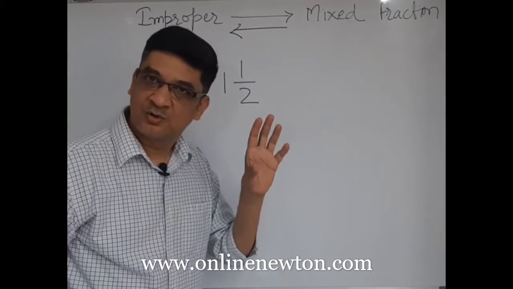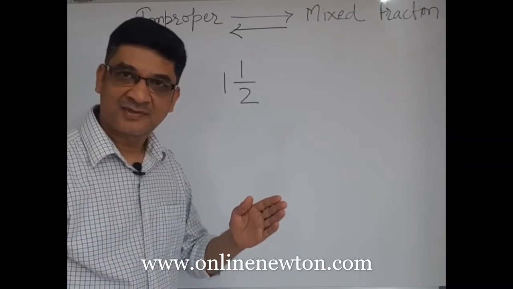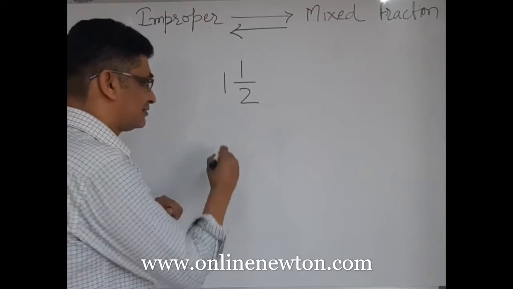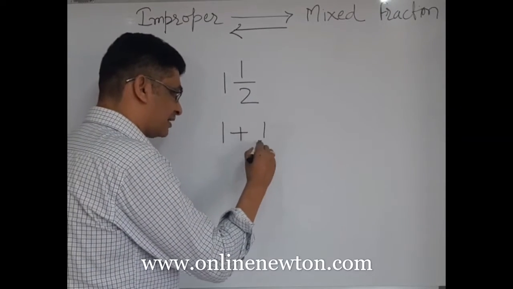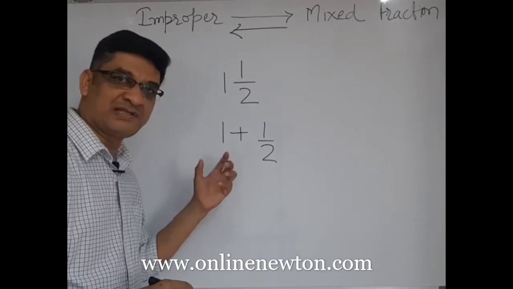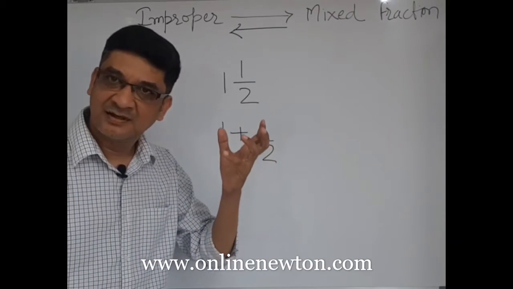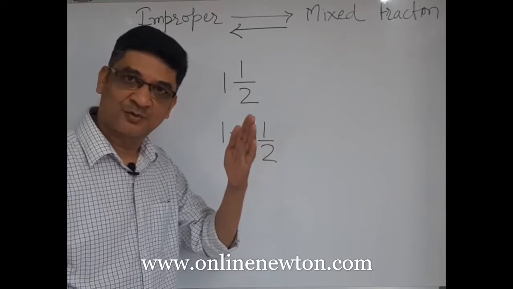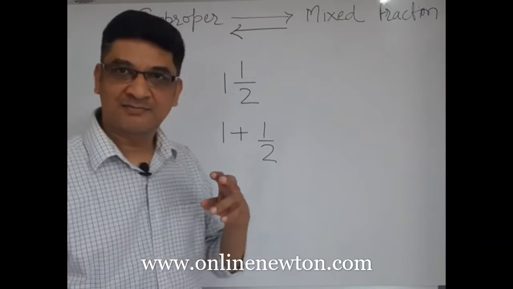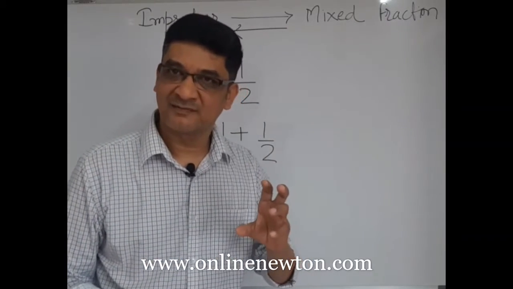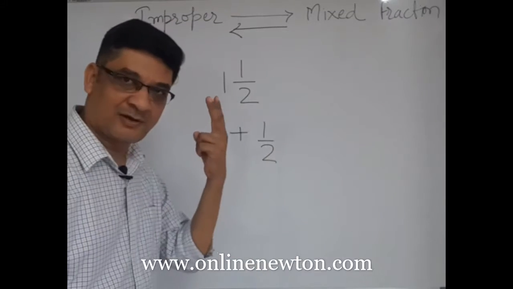So there are 2 equal parts of that apple, and we have one full apple. This is 1 plus 1 by 2. This 1 means we have one full apple which has 2 equal parts of 1 by 2 each. So how many parts of 1 by 2 each will be there in one full apple? We will have 2 parts.